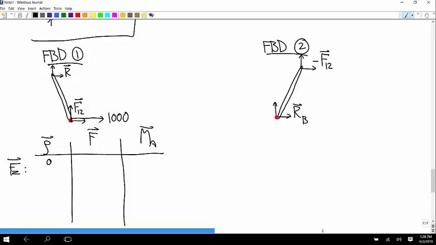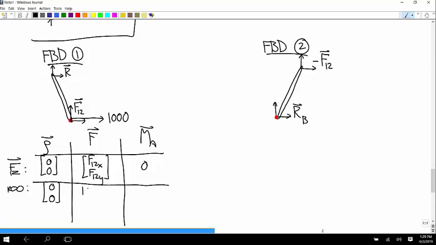Rho vector is 0. Force is F12 x and y. And the moment is 0. And then the 1,000. The rho vector is 0. Force is 1,000, 0. Cross product 0.